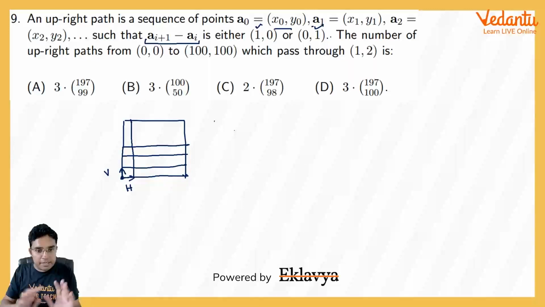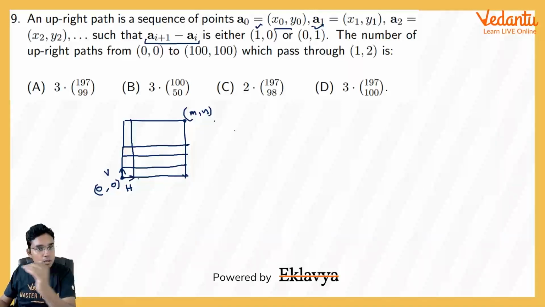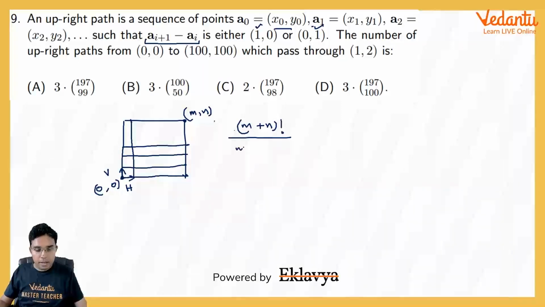Okay, it is just that standard thing that we used to do, that if you start with (0, 0) and you are going to (m, n), then the number of ways of going from (0, 0) to (m, n) in an up or right path is just (m+n)! divided by m! n!. How does this come?